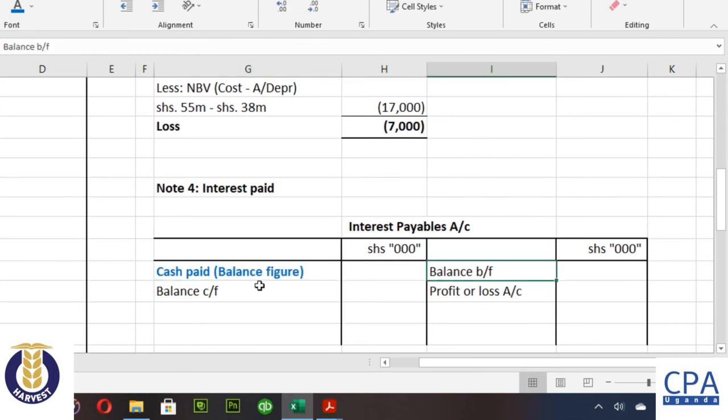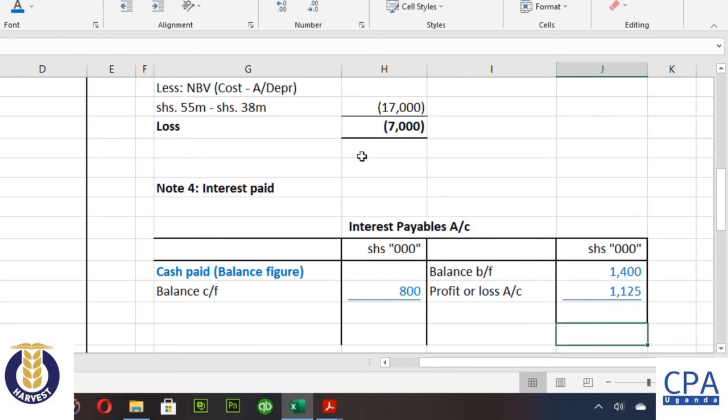So according to the balance sheet, if you look at the question, the opening balance for interest payable is 1,400, the closing balance is 800, and the profit and loss charge as given in note number 3 is 1,125,000.